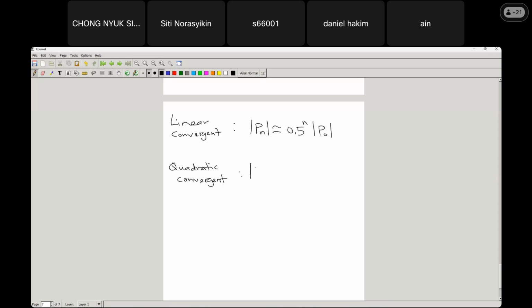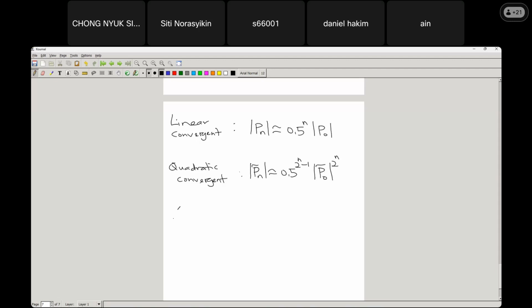For the quadratic, I have the Pn tilde that is approximately 0.5 power of 2 power of n minus 1 times P tilde 0, and then this is 2 power of n. Okay, this is a summary, the final answer, the one that I draw the red line. So that's the final answer.